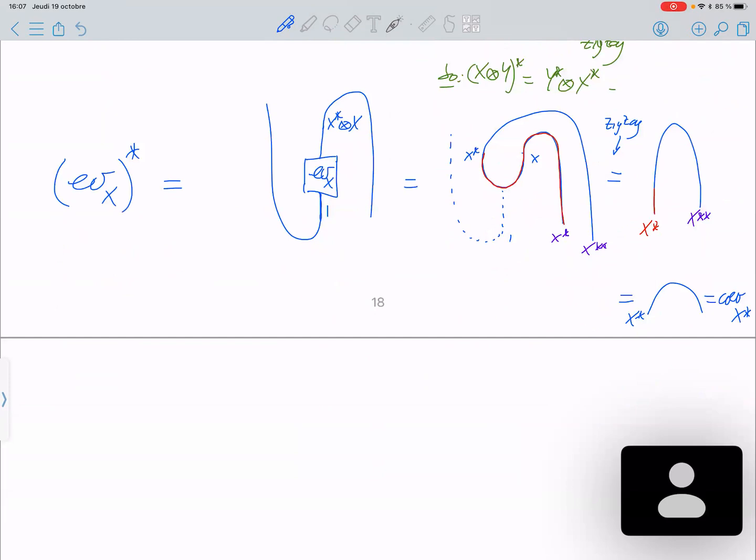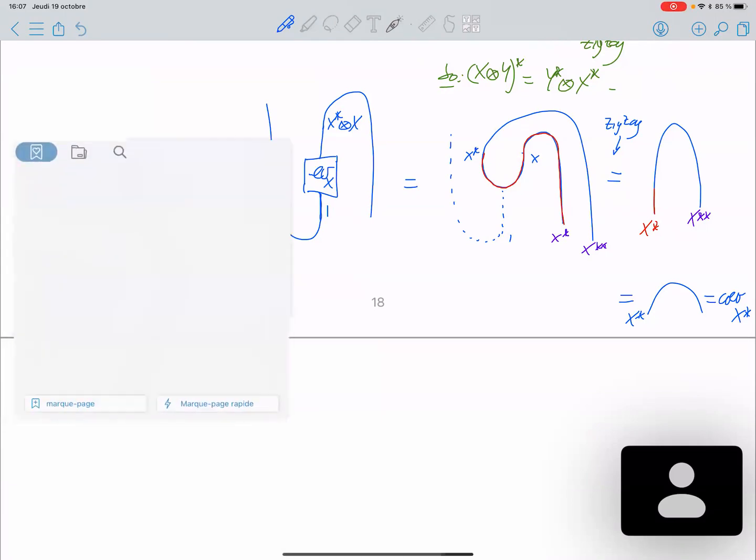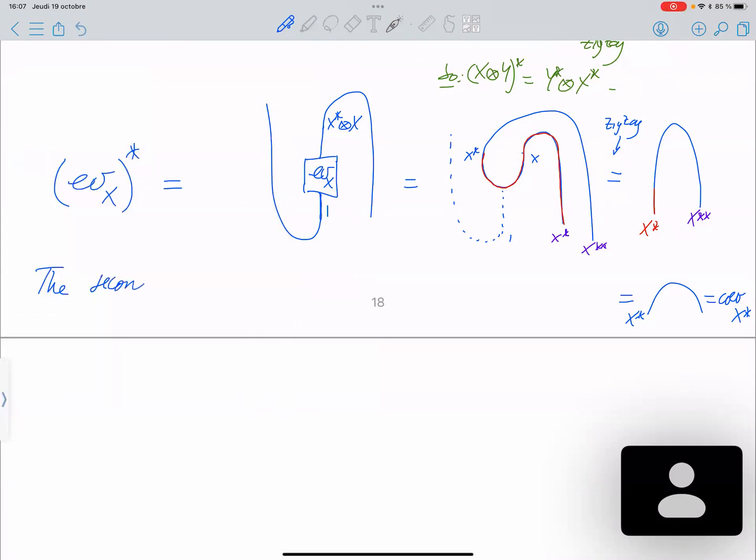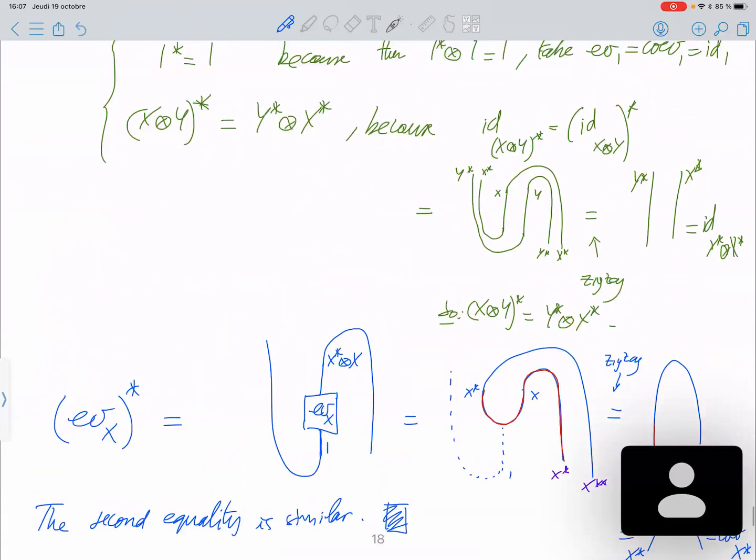So let me just finish the proof and we will take a pause of 1 or 2 minutes. The second equality is similar: the dual of the co-evaluation map of X is the evaluation map of X star.